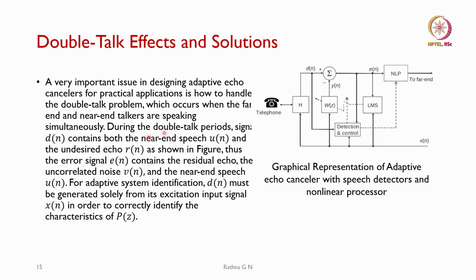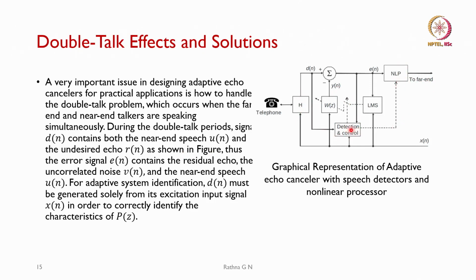During the double talk periods, d(n) contains both the near end speech u(n) and the undesired echo r(n). That is what is shown. You have the hybrid as well as the far end and the NLP in this case.